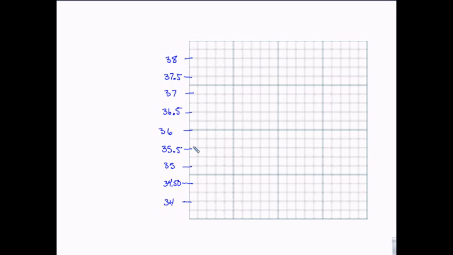Okay, so that'll give me a large enough scale. And the reason I started at 34 is because if you go back to your prices, the cheapest that the stock ever was is 34.65, and the most expensive that it ever is on here is 37.07. So if I go between 34 and 38, I've got myself covered. And I've got 10 days. And so to give myself space, I'm going to make every 2 lines 1 day.